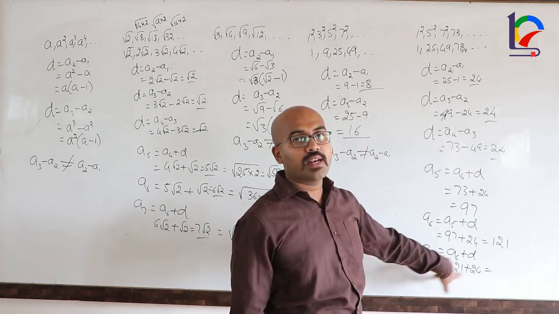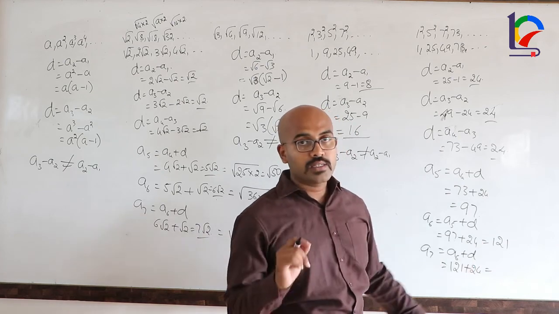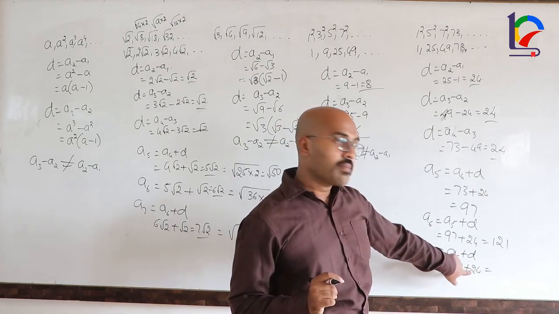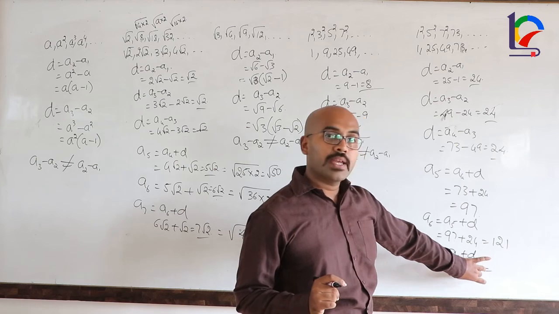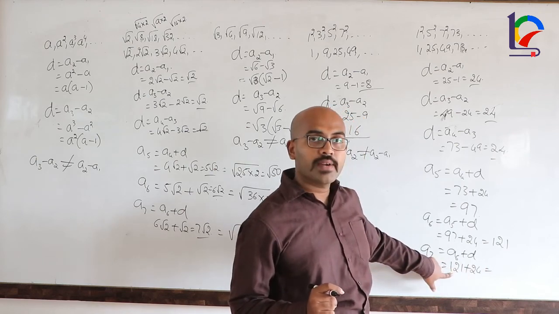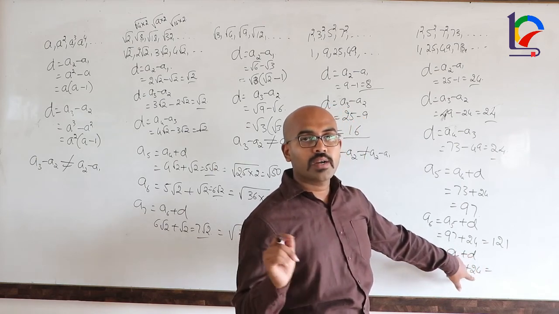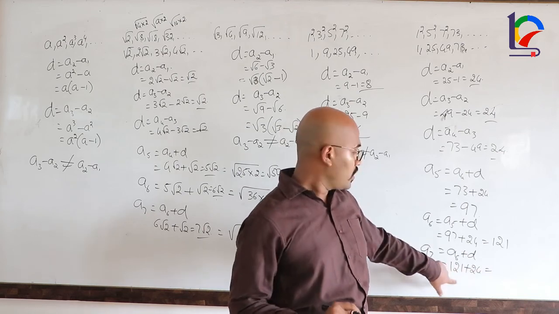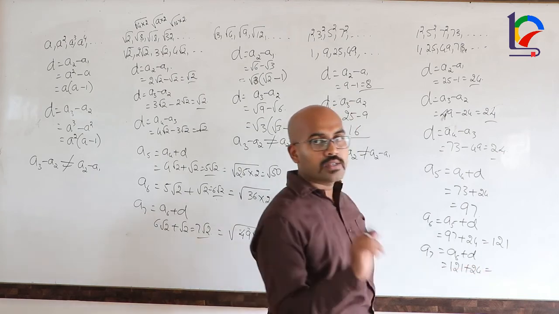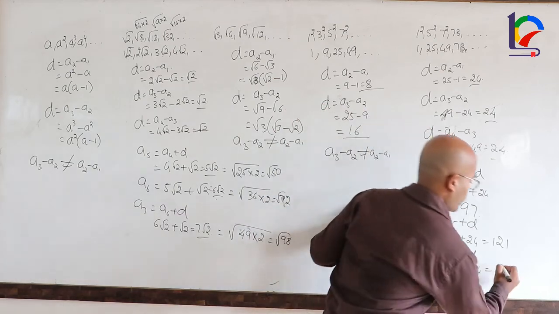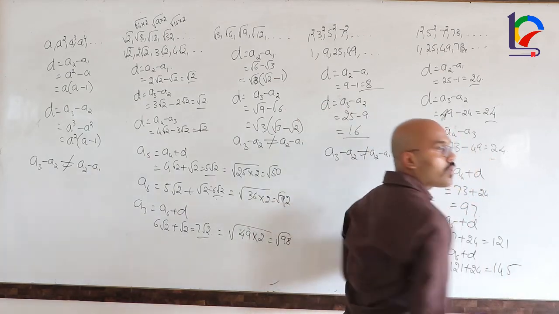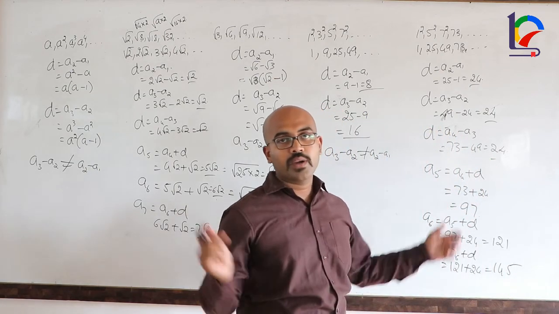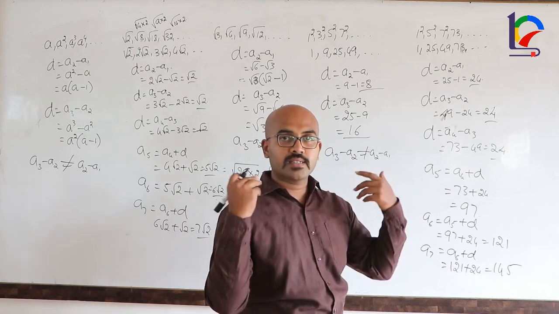We have 121 and 24, we need to add these two. Remove the units digits, so we are left with 120 and 20. 120 plus 20 is 140. What is 1 plus 4? 5. So 140 plus 5, it is 145. I didn't do any basic calculation, it's just mental calculation.